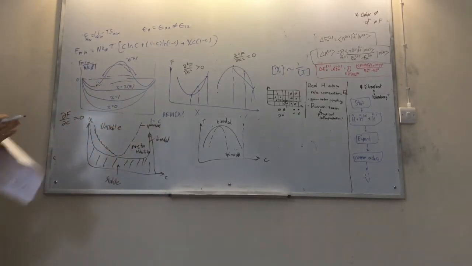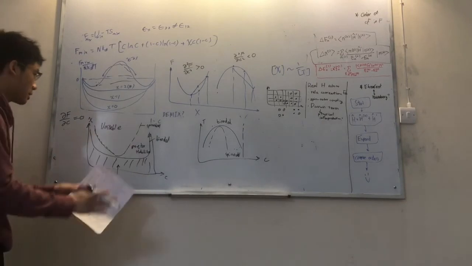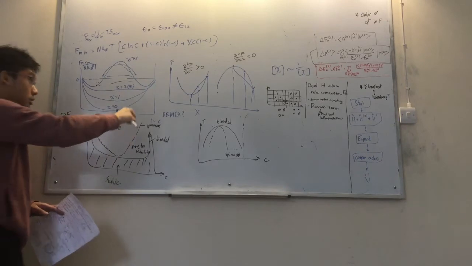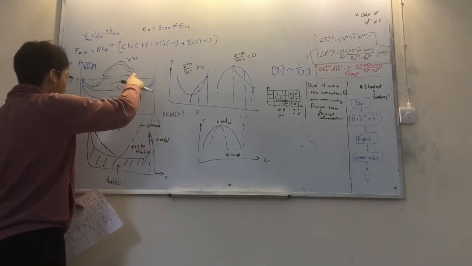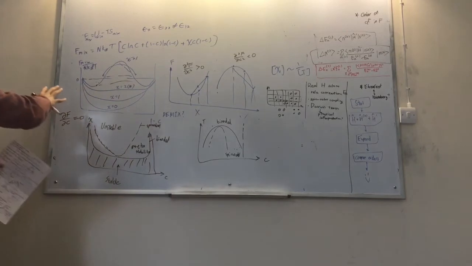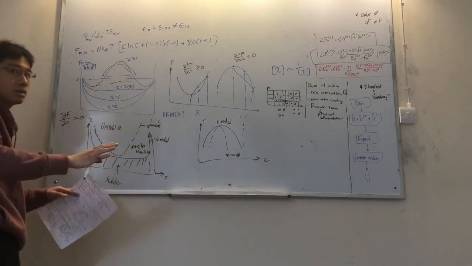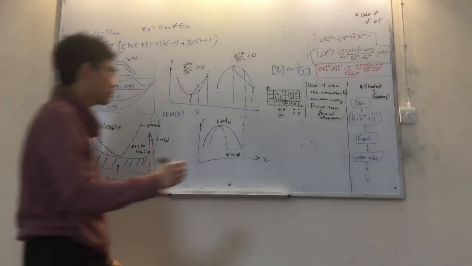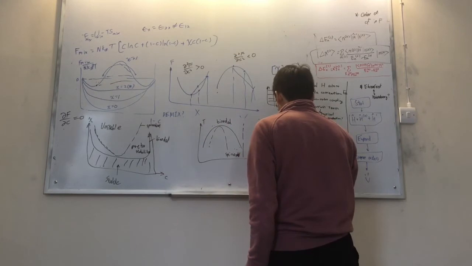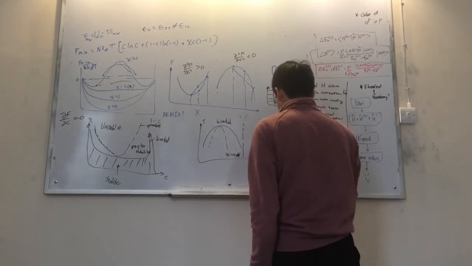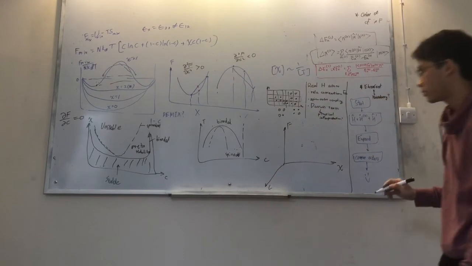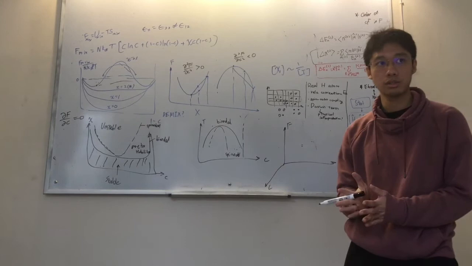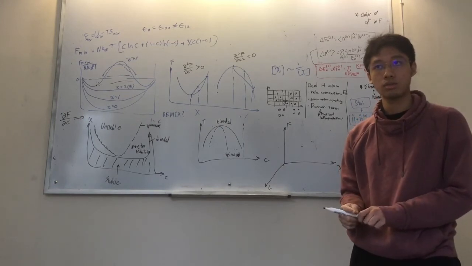So the spinodal line separates unstable from metastable, because the spinodal line tells you when the second order derivative is 0. If you think about this as a 2D plot of f against c, partial f partial c equals 0 is the condition for stability, right?